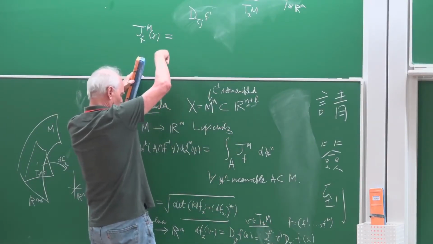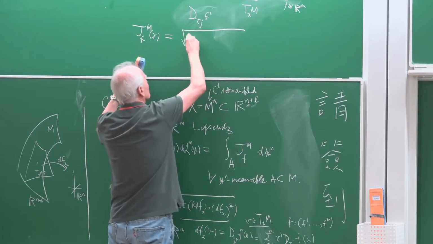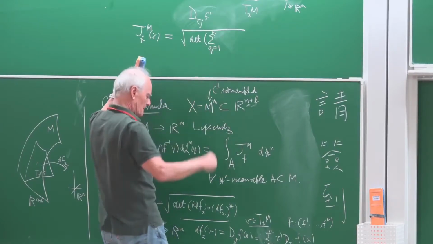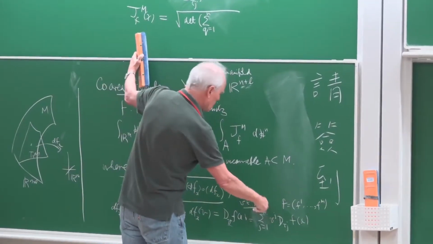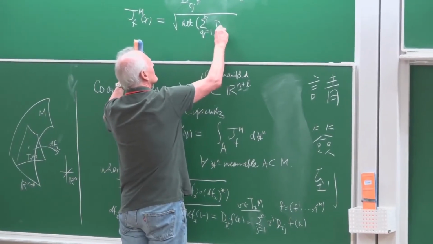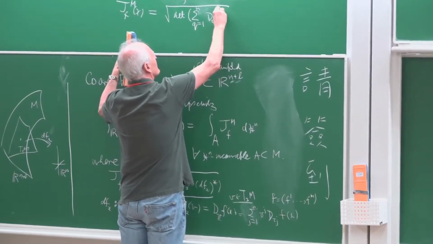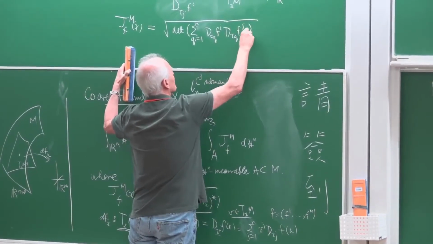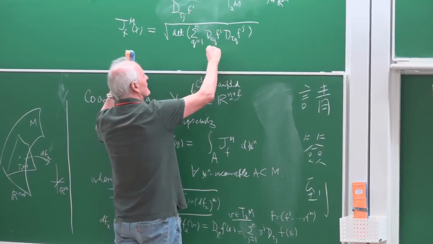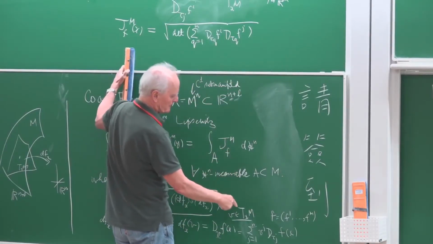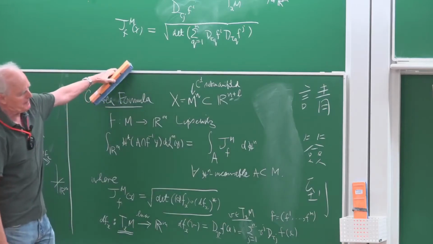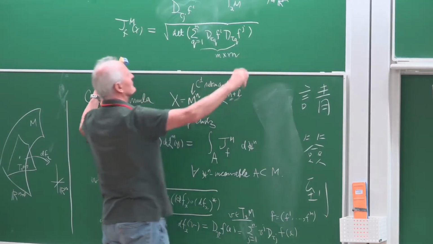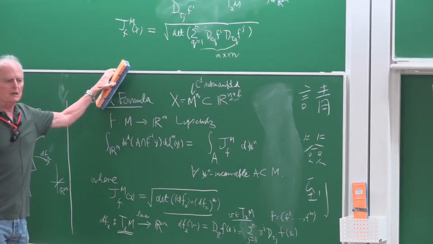That's equal to the square root of the determinant of the sum from q equals 1 up to n of d τq Fi times d τq Fj. Now notice that we're summing on q, so i and j go from 1 to m, remember, so F has components F1 up to Fm. So this is an m by m matrix.